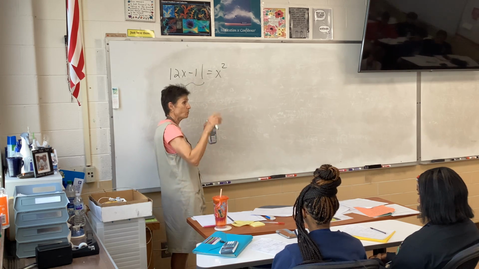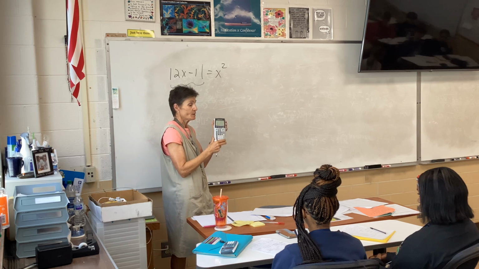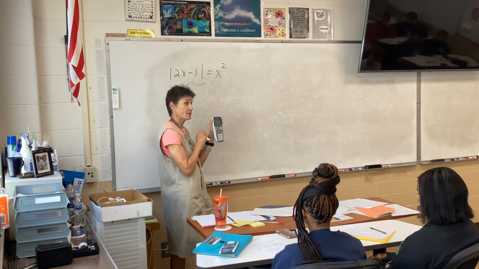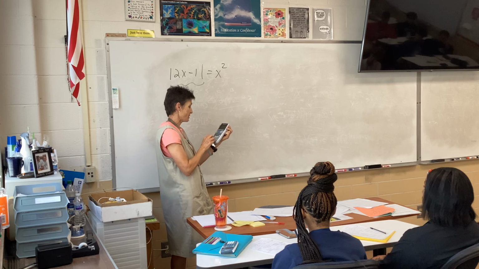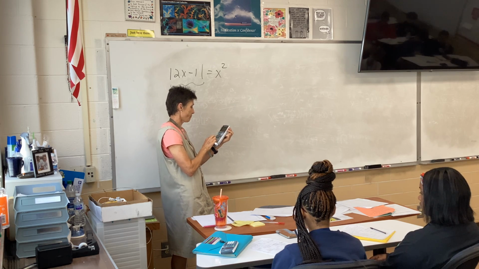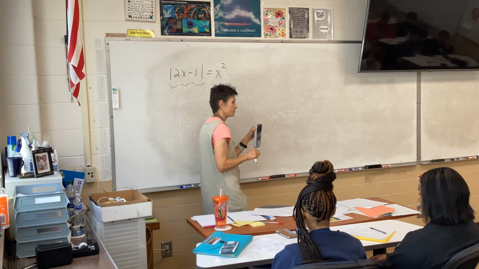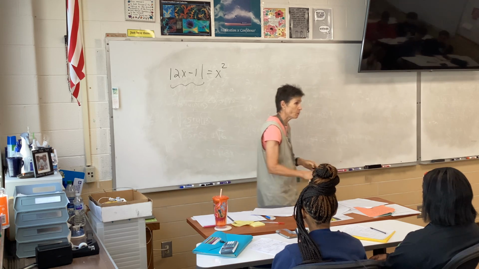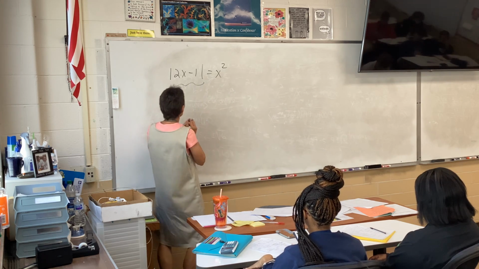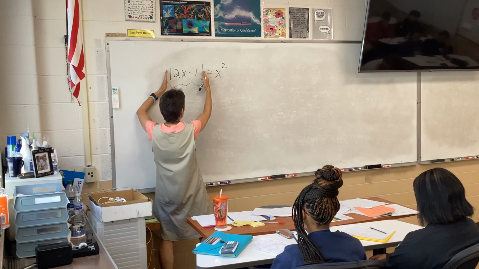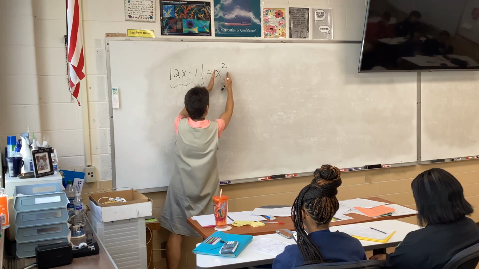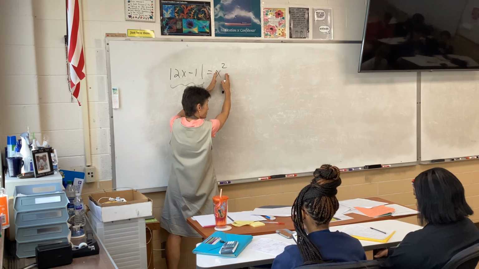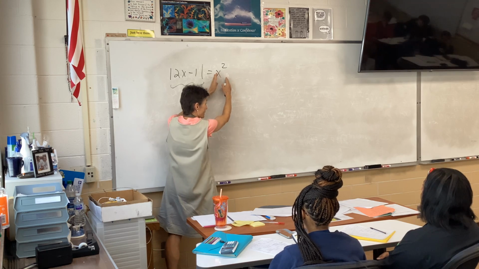So y equals, you got that in. Now go down to y2 and type x squared. So we typed in 2 equations. We typed in this side of the equation as y1 and this side of the equation as y2. Now press graph.